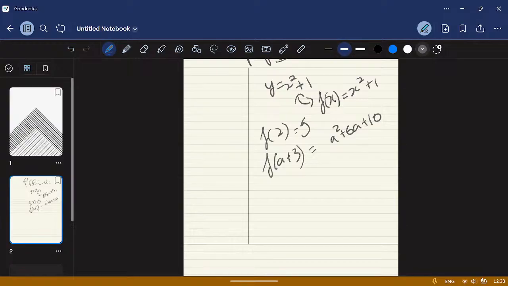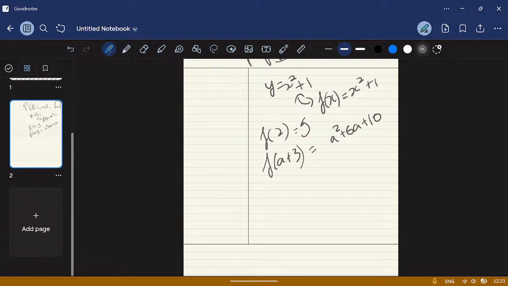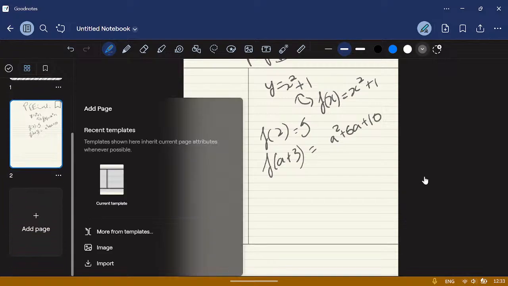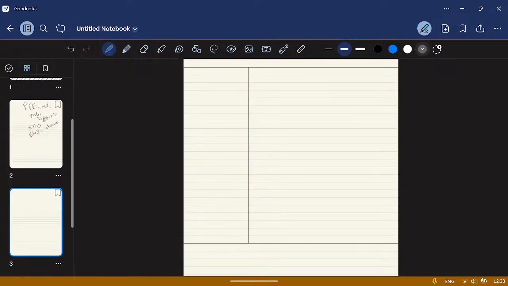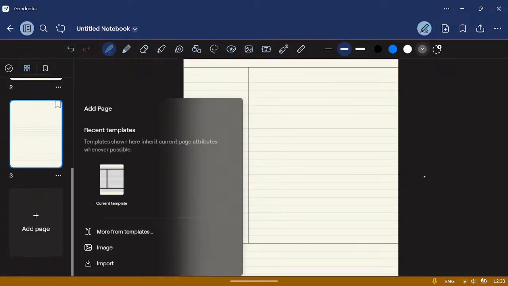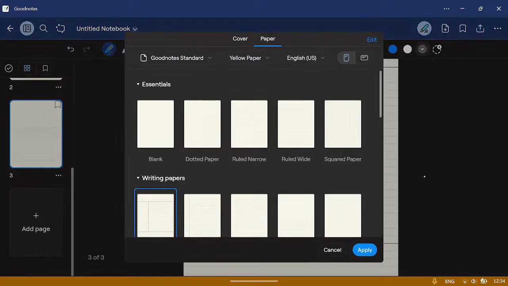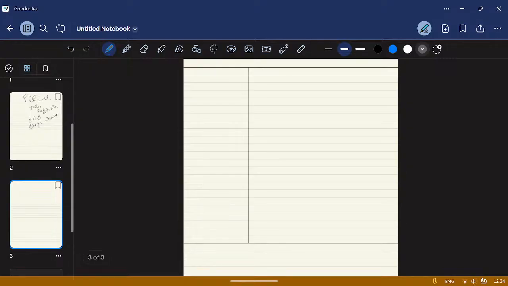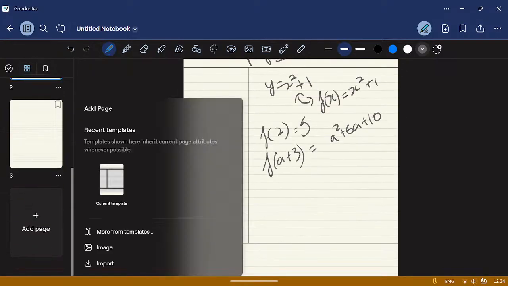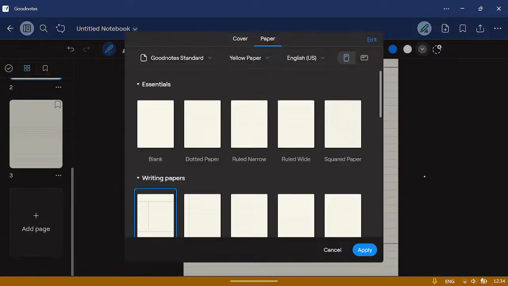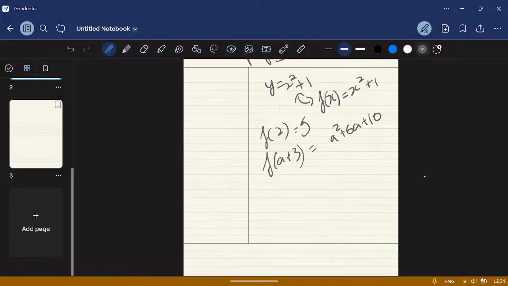And what is a function? Bro, I might need a new page. Yeah, whatever. Let's go blank page.